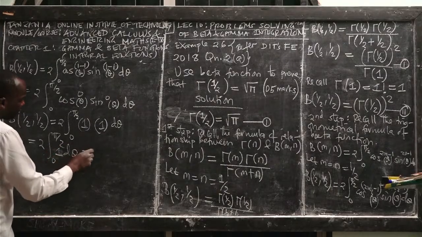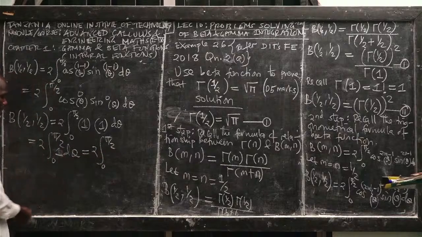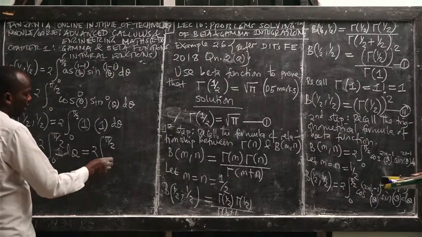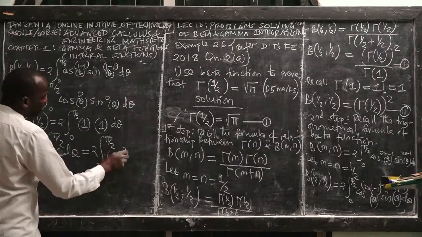So this is equal to twice the integral from 0 to pi over 2 of 1 d theta. Here the beta has finished its work, and what remains is ordinary integration. Theta power 0 is 1 d theta.